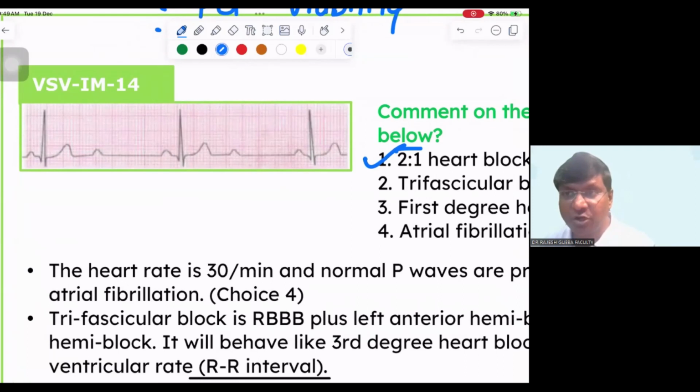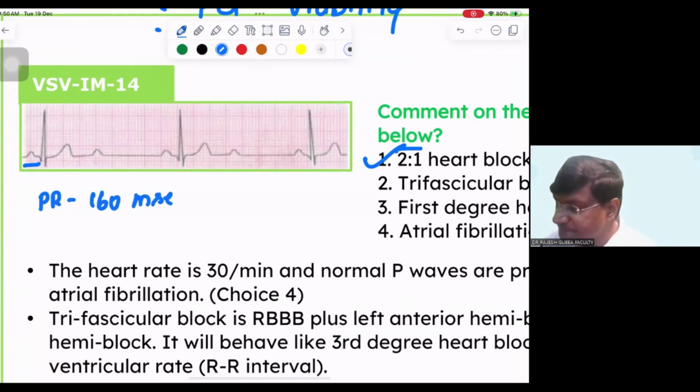In first degree heart block, what will happen to the PR interval? The PR interval will be prolonged. If you observe the PR interval here, is it prolonged? No. The normal PR interval is 120 to 200 milliseconds, and it occupies 4 small boxes, so the PR interval is around 160 milliseconds, which is normal.